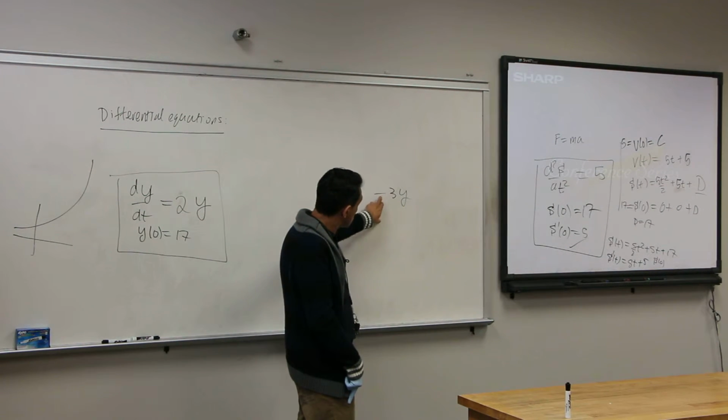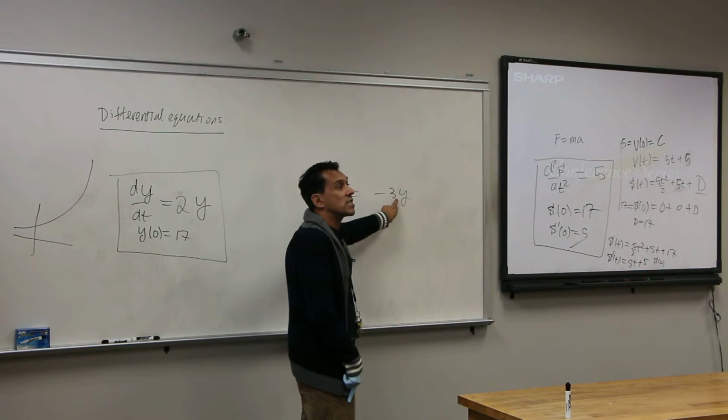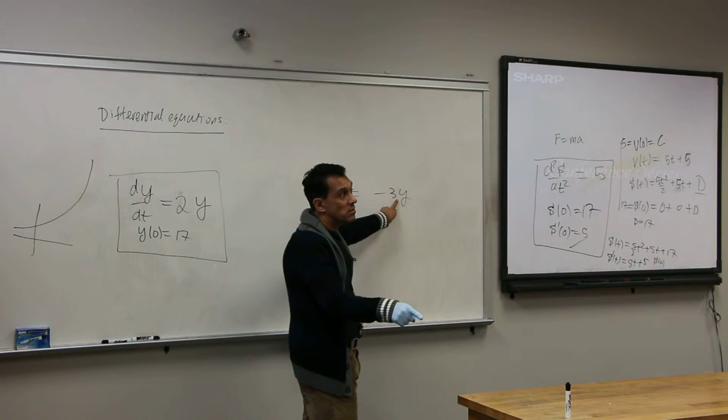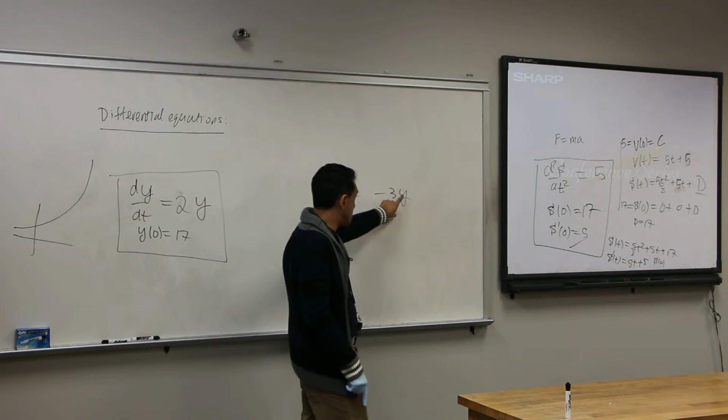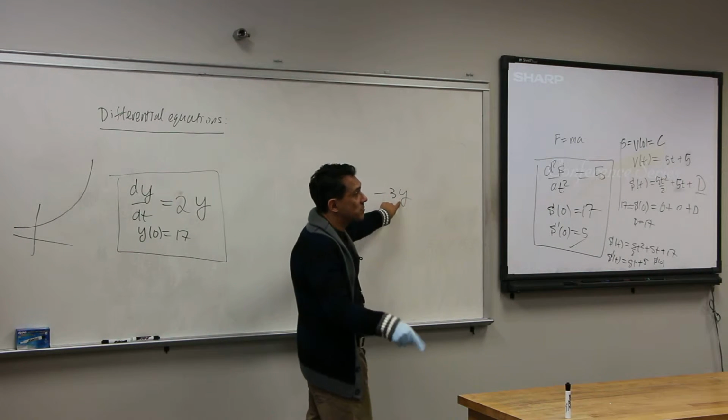Why do I know it's decaying? Because it's decreasing. The population is 10, it's decreasing at 30 per hour. If the population is 100, it's decreasing at 300 per hour.